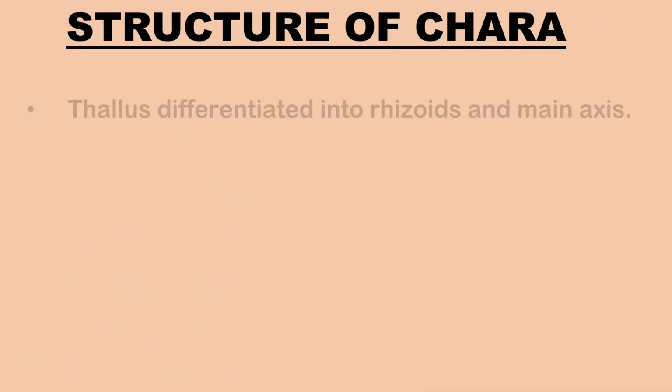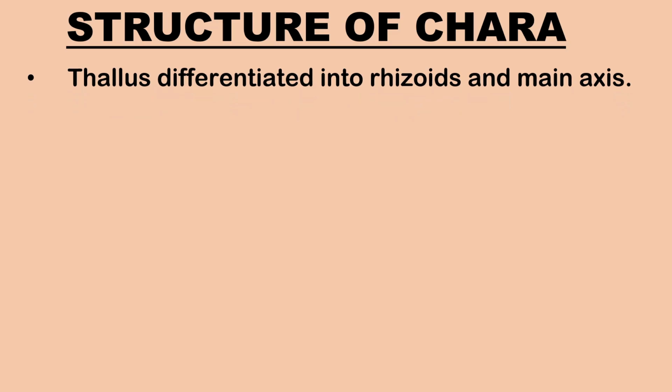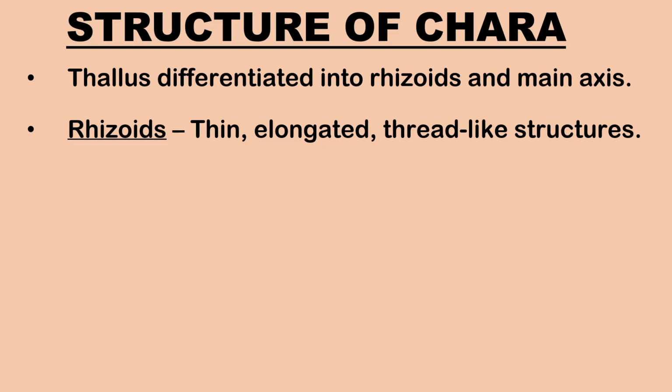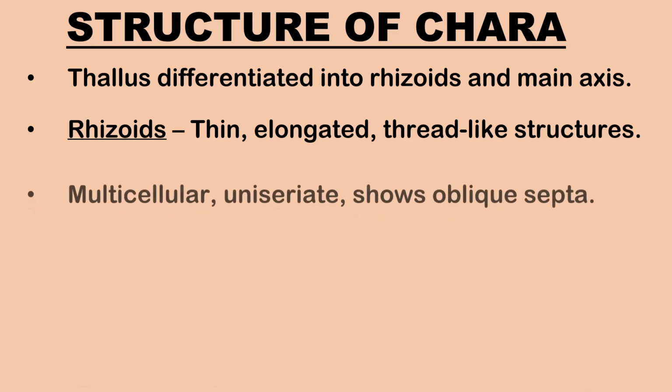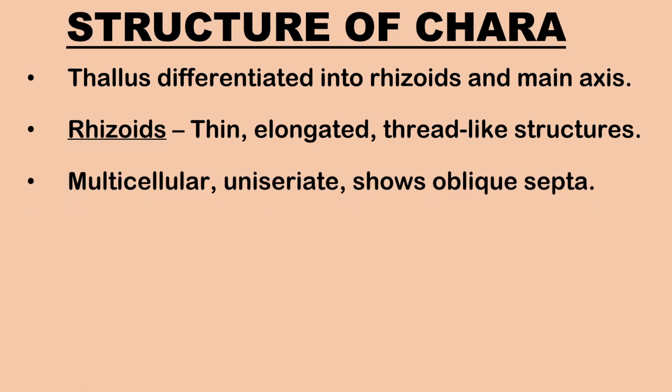Next, let us understand the structure of the plant body of Chara. The thallus of Chara can be differentiated into rhizoids and the main axis. The rhizoids are white, thin, elongated, thread-like structures. They are multicellular, uniseriate, and are characterized by the presence of oblique septa.